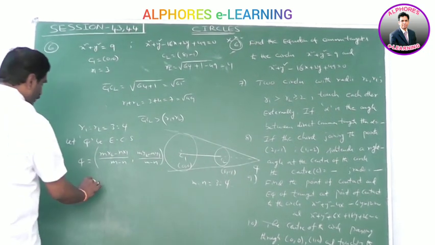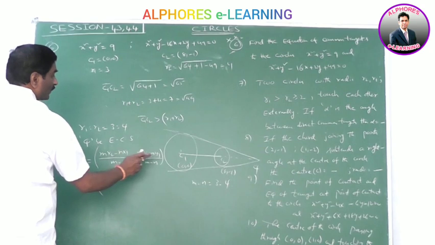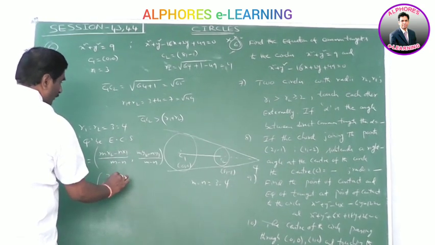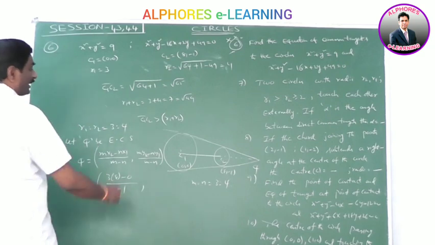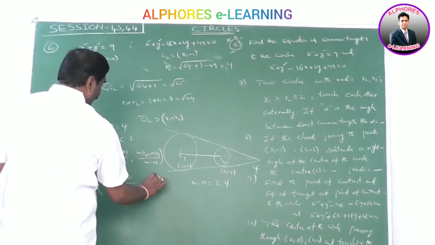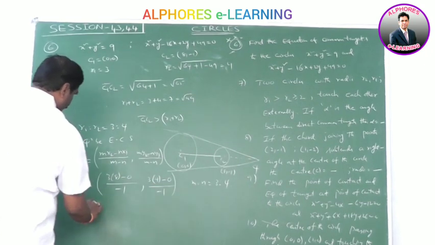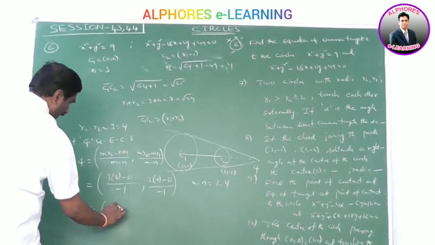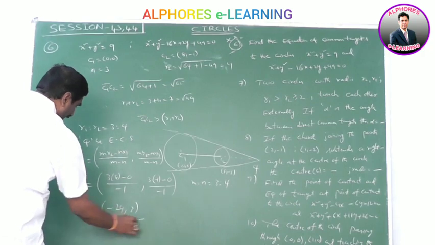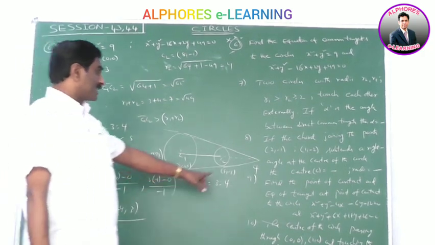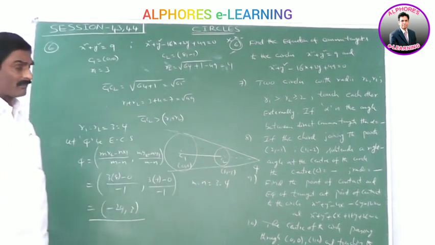That is Q = ((3·8 − 4·0)/(3 − 4), (3·(−1) − 0)/(3 − 4)) = (−24, 3). Q is the external center of similitude.